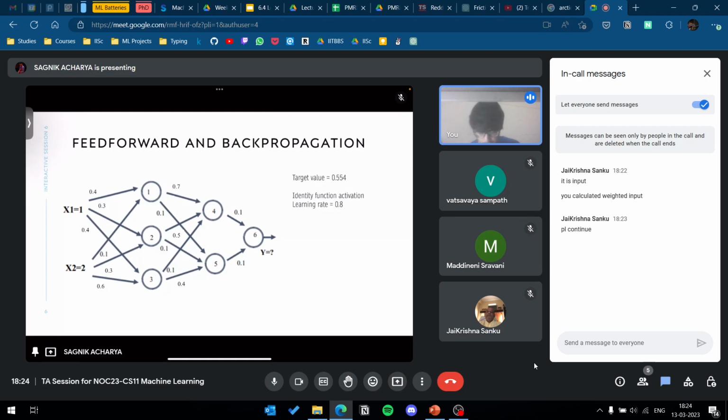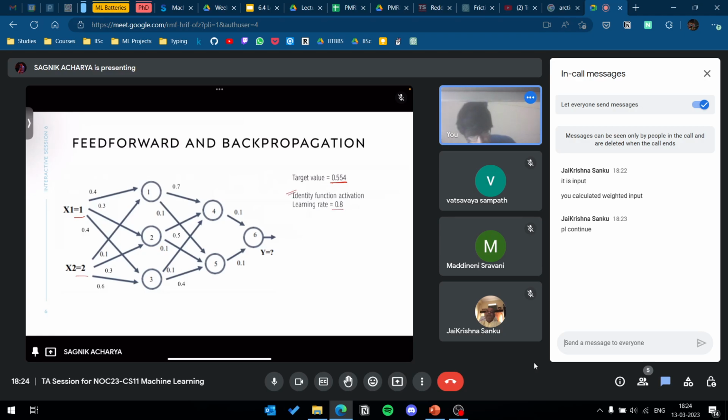I have this neural network where every branch has a weight associated with it, and I have this x1 is 1, x2 is 2. I have a target value of 0.554. So everywhere we are using identity function as activation, and learning rate is 0.8. Okay, so it is not 1.